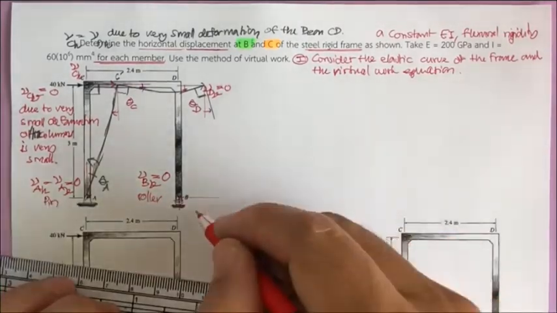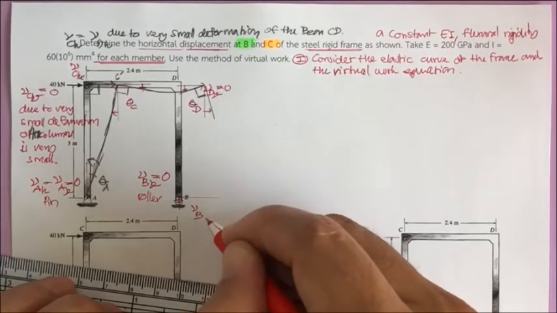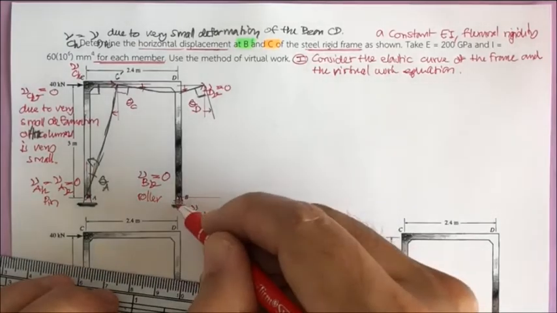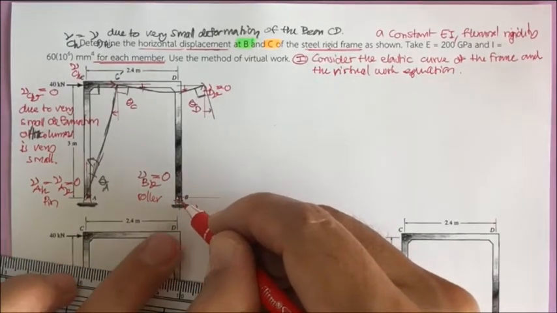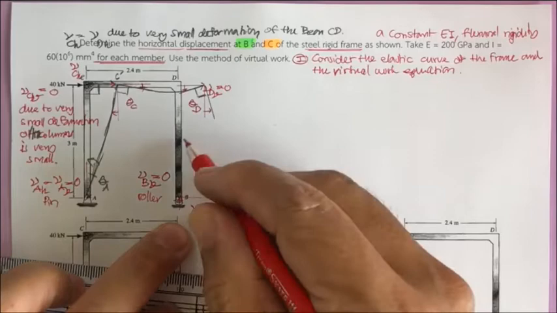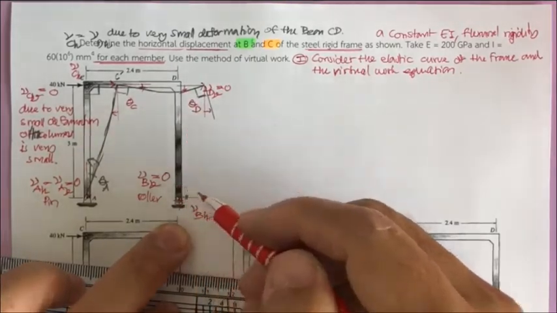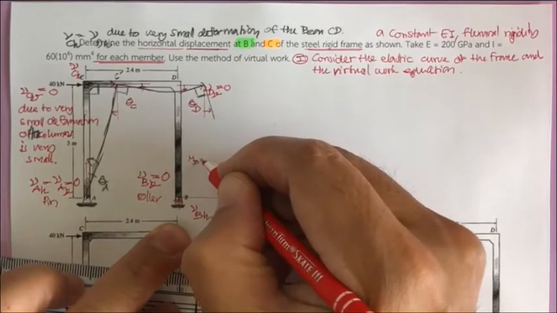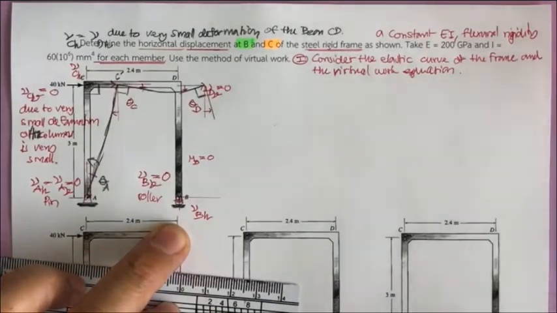This is going to be V sub B horizontal. Since the reaction at B is only along the axis of BD, BD has no moment, so M sub BD is going to be 0.